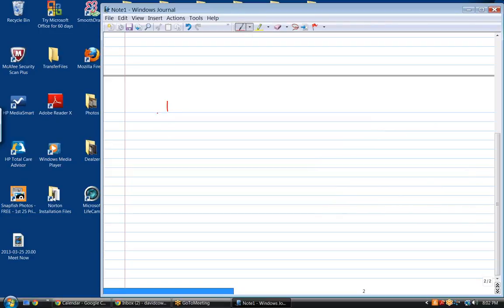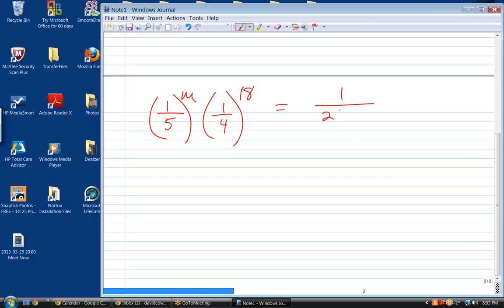First of all, it was 1 over 5 to the m times 1 over 4 to the 18th equals 1 over 2 times 10, and the 10 is raised to the 35th. Now, there's a couple of important things to notice here. First of all, we can't do anything there because we don't have the same base, we don't have the same exponent.